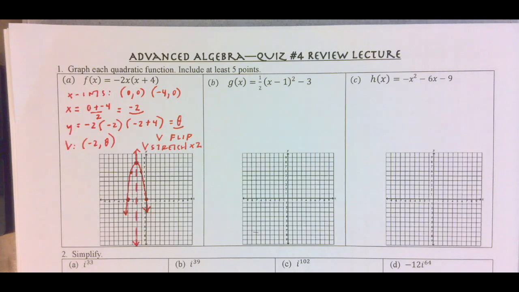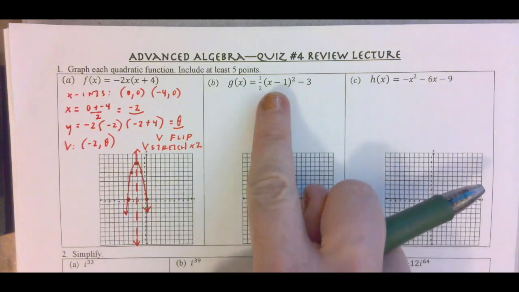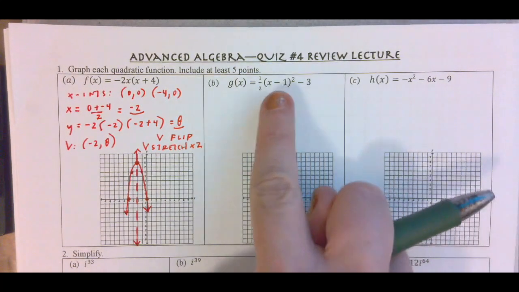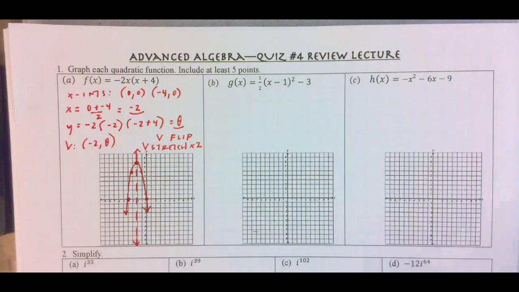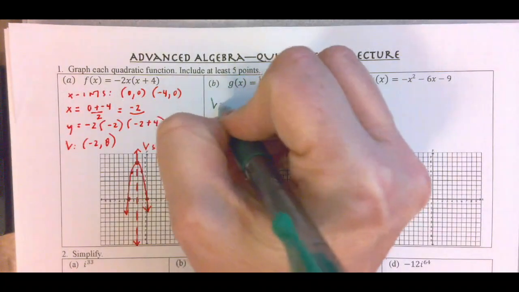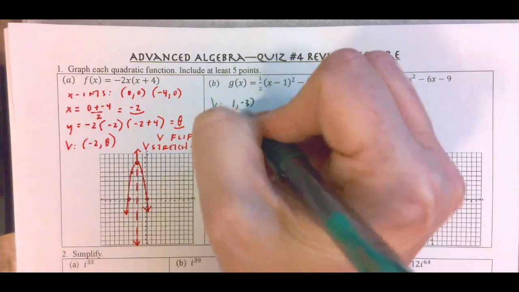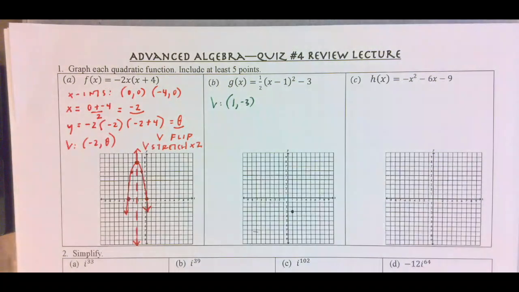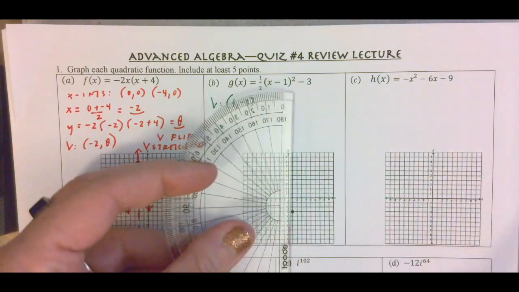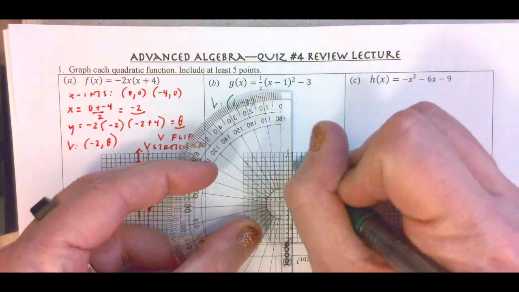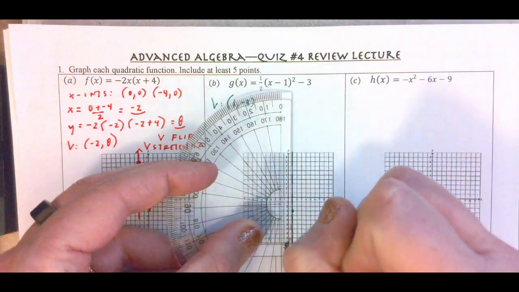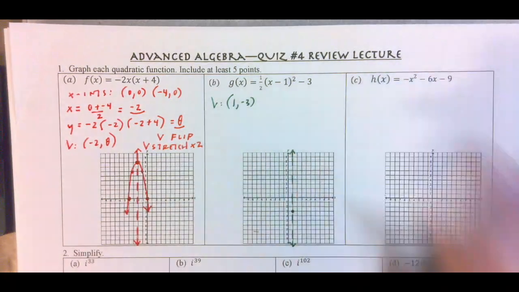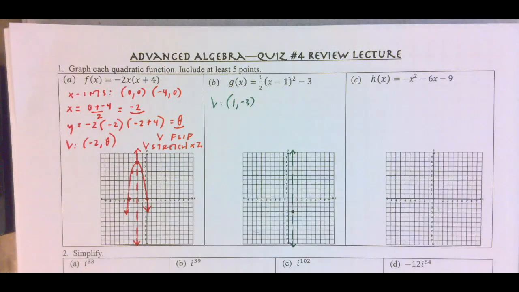Okay, next one is in vertex form, so I can extract the vertex really fast. 1, -3. So right here. Again, my axis of symmetry is that vertical line that slices through. So right here at x equals 1.